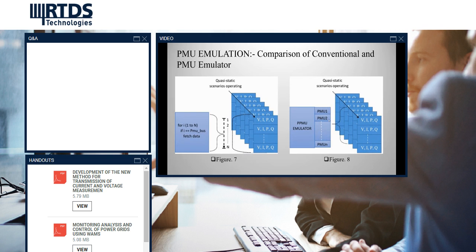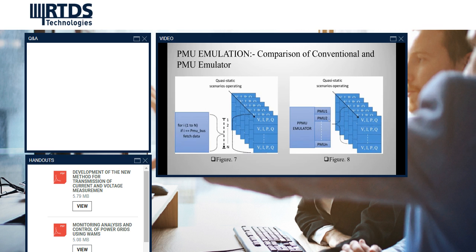So we did not use this method, rather we propose a PMU emulation method whereby the PMU emulator comprising various PMU agents would acquire the information pertaining to the PMU nodes and branch or channels for which information has to be archived initially when the system is set. And when this information is archived and quasi-static simulation is done, then the PMU emulators directly go to the indexes of the nodes at which the PMUs are placed and acquire the information.